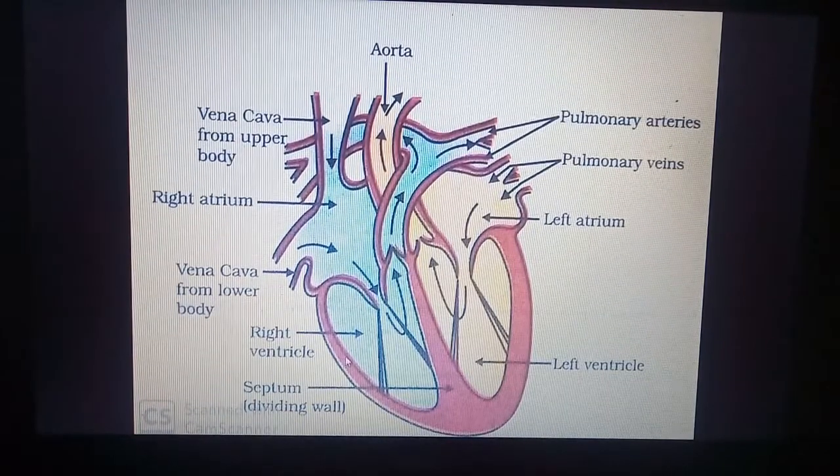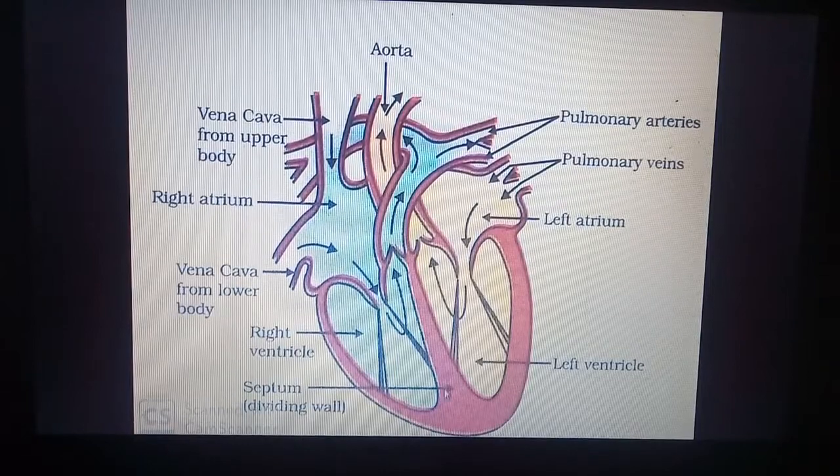Here we can also see that the lower part of the heart, the ventricle, is thick walled. Why? Because these walls have to contract and relax, and they have to push the blood against gravity, upwards.